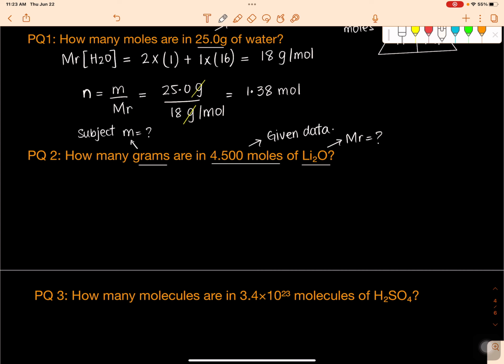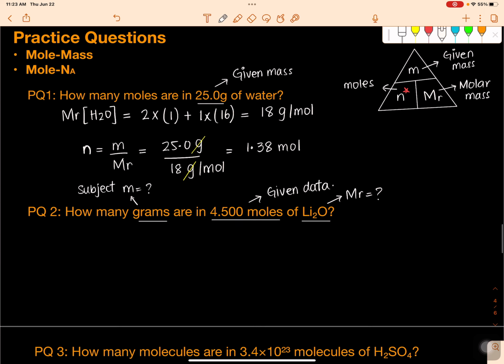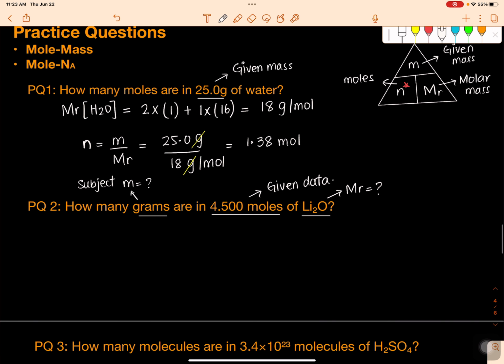Now, if mass makes a subject, then the other two quantities, since they are facing each other, will multiply with each other. So the formula will take a shape like mass is equal to number of moles times the Mr. So again, we need Mr to be calculated first.